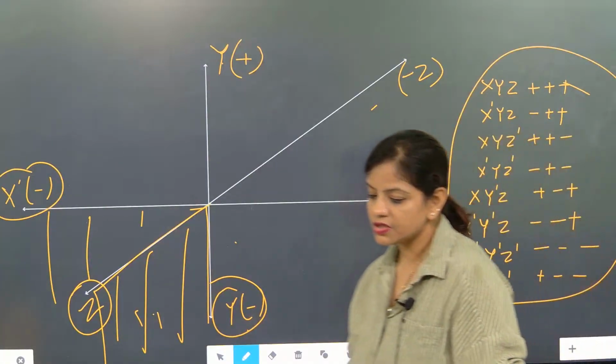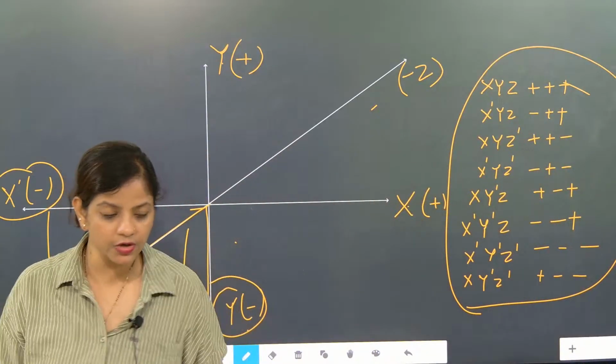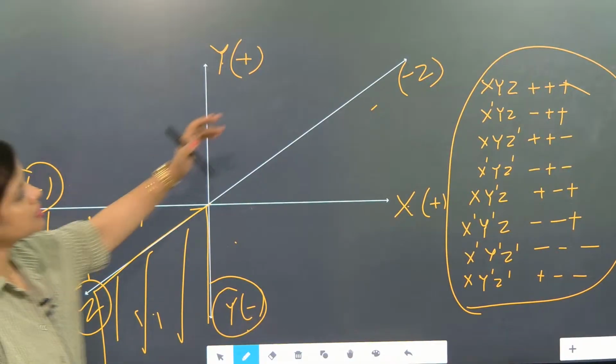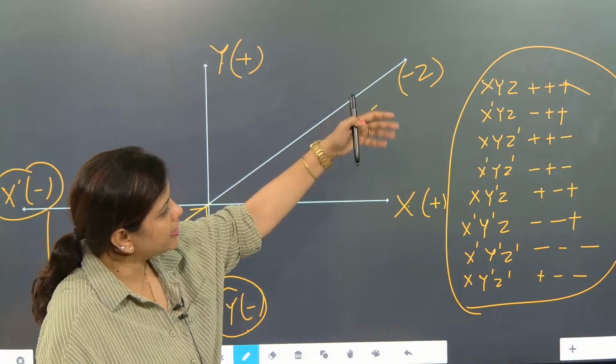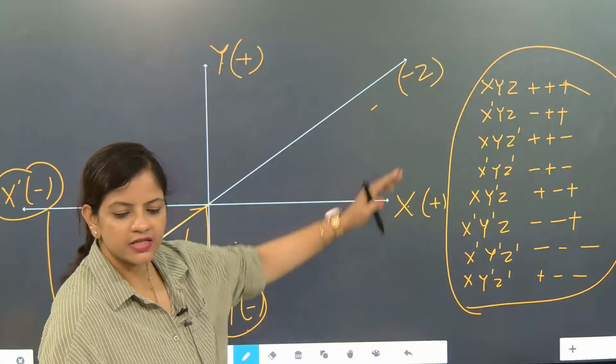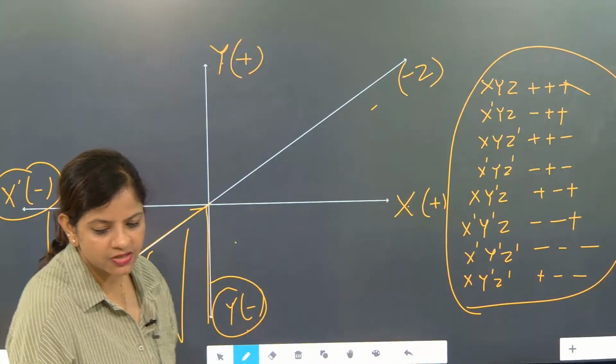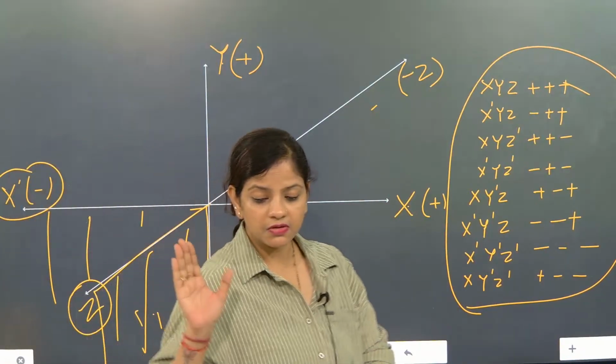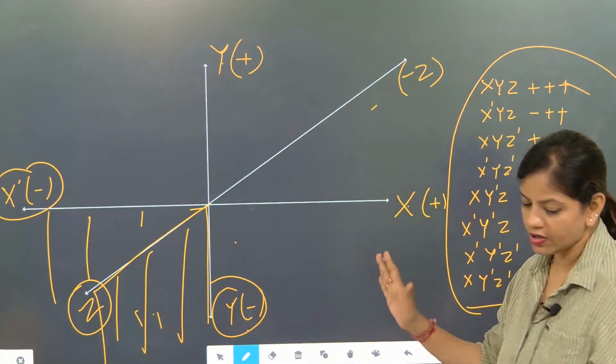Got it? So x y z, x dash y z, x y z dash, x dash y z dash, x y dash z, and this is exactly going to be all those sections. So understood? Now beta, the section is simple. So the 8 octant rule is done.